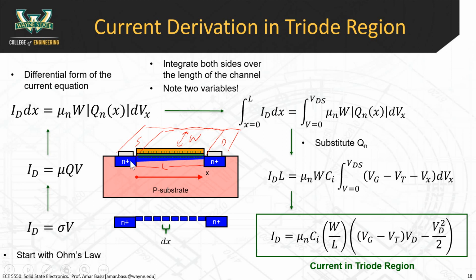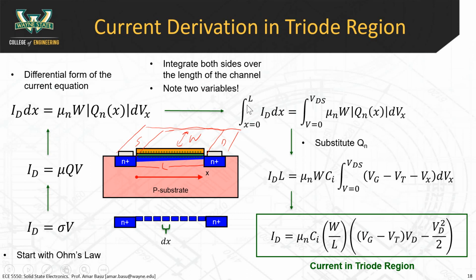On the left side of the channel, the voltage is 0, and on the right side, the voltage is VDS, the drain-to-source voltage that you applied. So you're integrating both sides of the equation, but with two different variables, so they're going to have different limits.